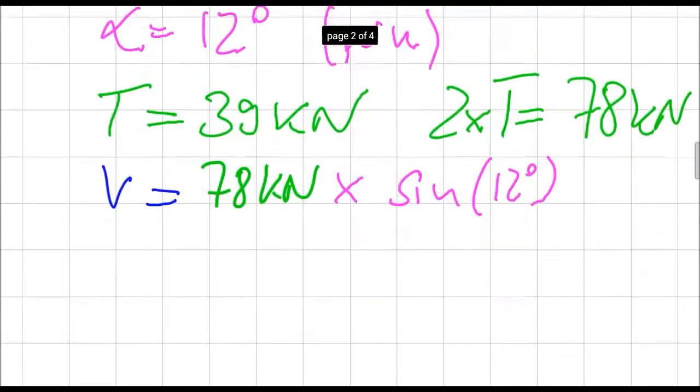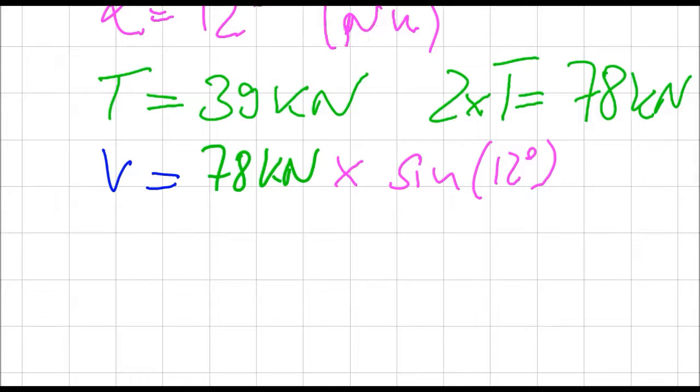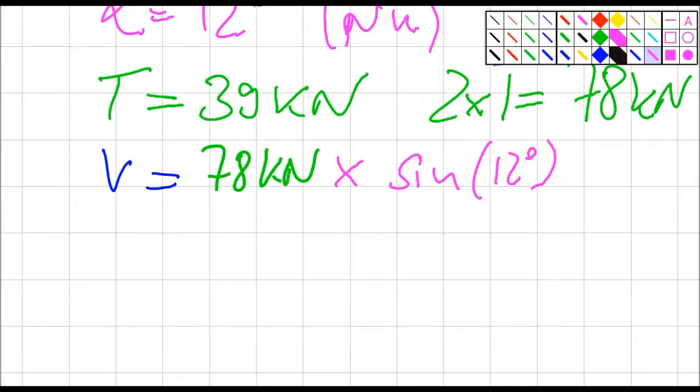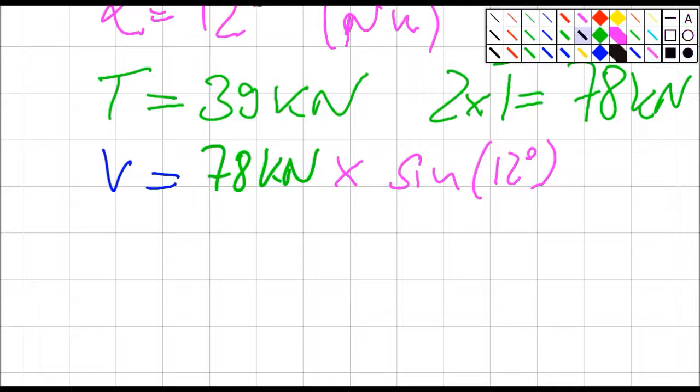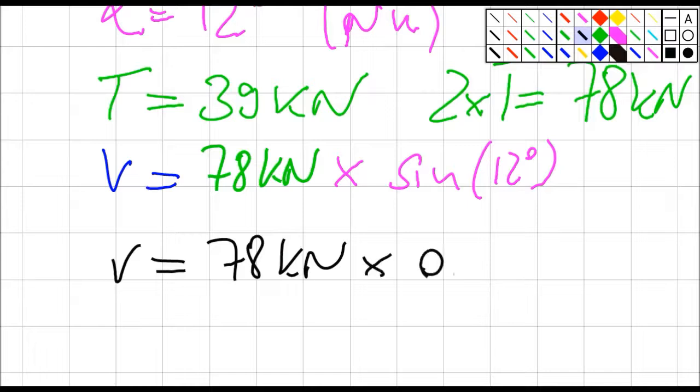Sine of 12 degrees is about 0.2, so I continue in black to simplify my writing. So V equals 78 kilonewton times 0.21. There's no dimension here, and that is approximately 16 kilonewton.